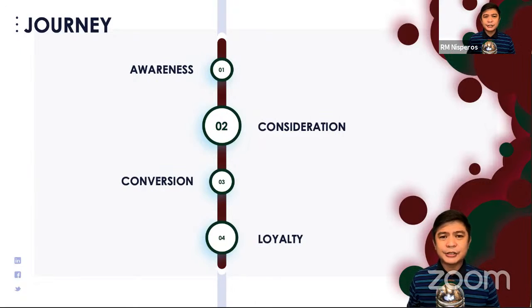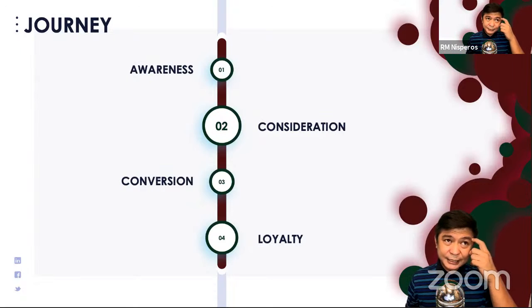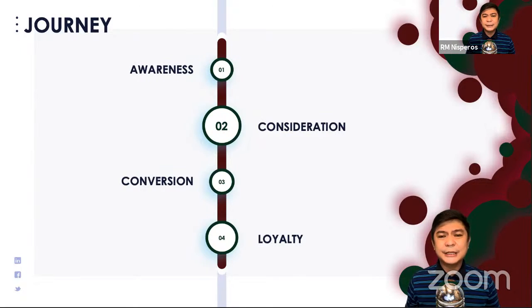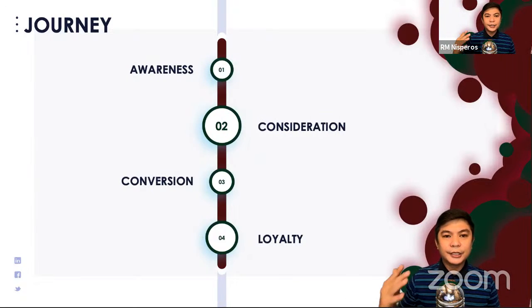Usually, on average, I think it's around 7 to 10 pieces of information before they decide whether they would buy from you. So you need lots of information from you and from others to reinforce the decision. So it involves many pieces of content.